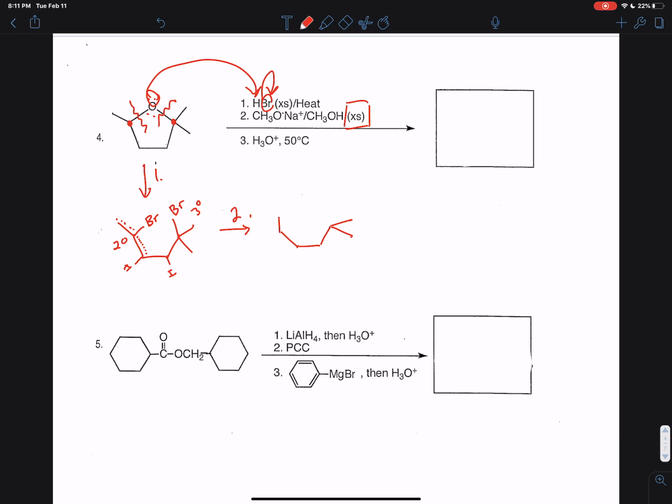Okay, so let me make sure we got all the carbons indicated. So we got 1, 2, 3, 4, 5, 6, 7.